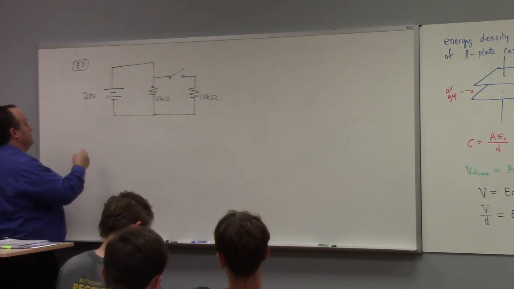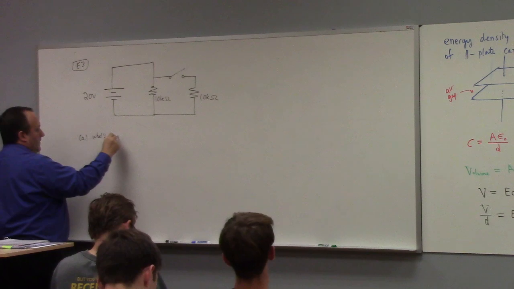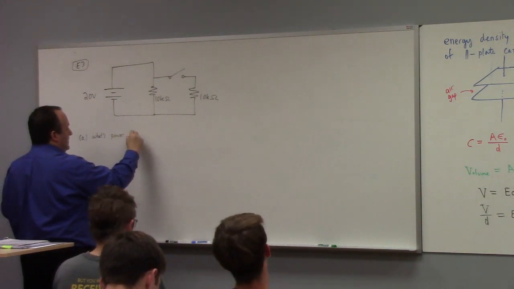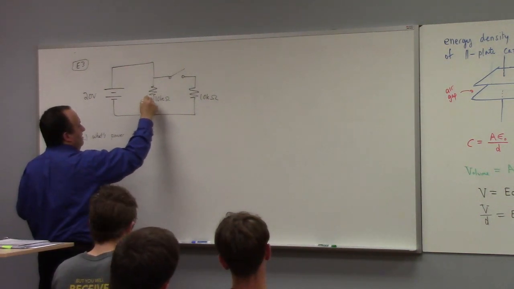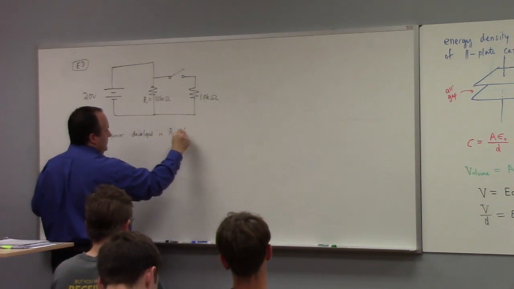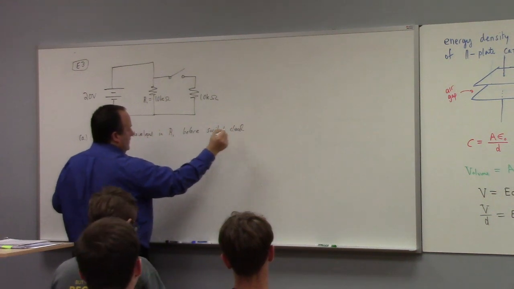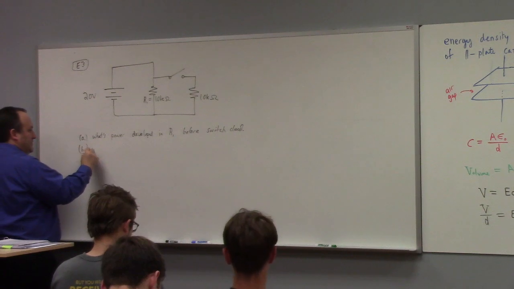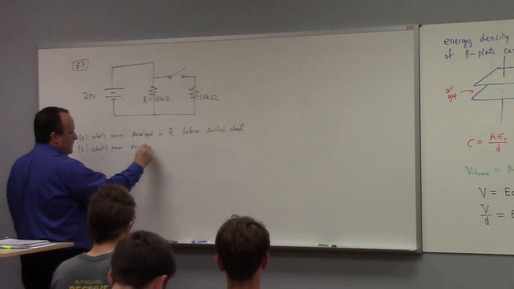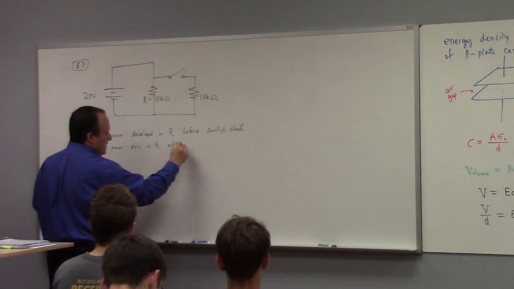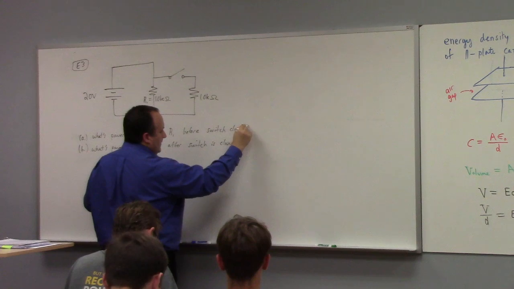My question for part A is, what's the power developed in R1 before the switch is closed? And part B, what's the power developed in R1 after the switch is closed?